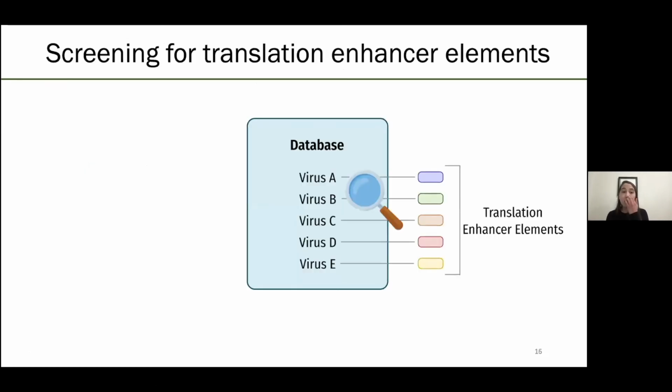And so right now what we're doing is we're trying to screen for translation enhancer elements in different viruses, a lot like viruses that we can find in public databases.